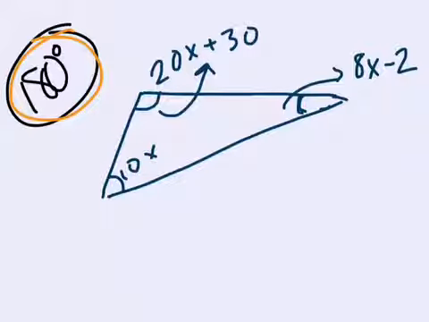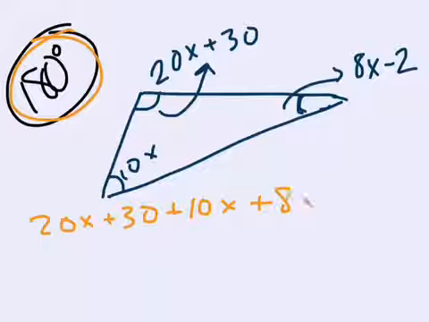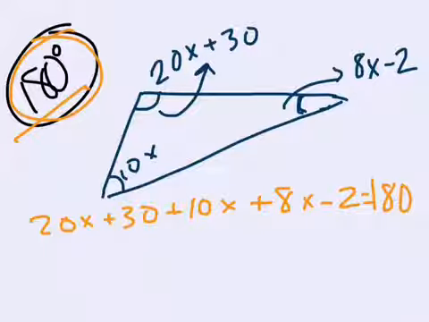I'm actually going to rewrite that so I have a little more room. 20x plus 30 plus 10x plus 8x minus 2. We know that this has to equal that 180 degrees. Now this seems like a long equation at first, but really we have a lot of like terms. So all of our terms with the x, those can be combined. So 20 plus 10 plus 8, that's 38x.